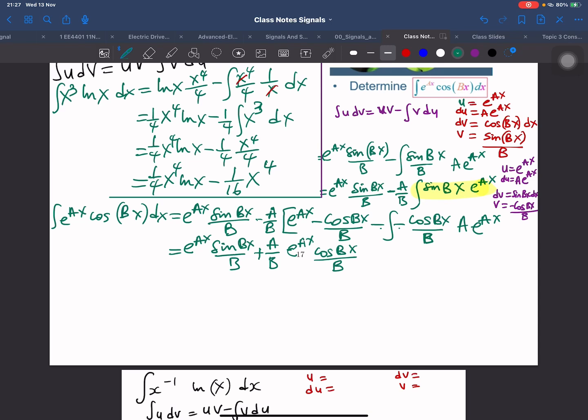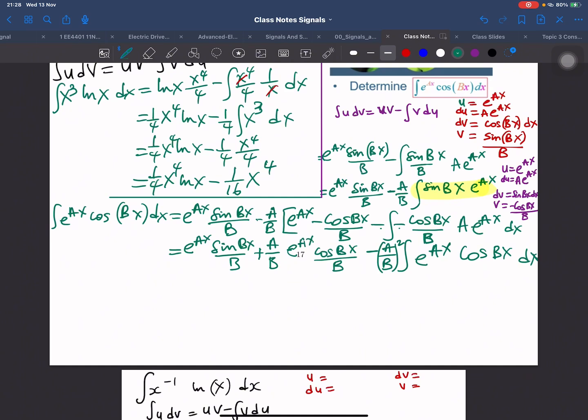Now have minus a over b integral of, because it has a over b, now becomes a over b squared integral of a e, you have taken a already, integral of e raised to power ax cos bx dx.